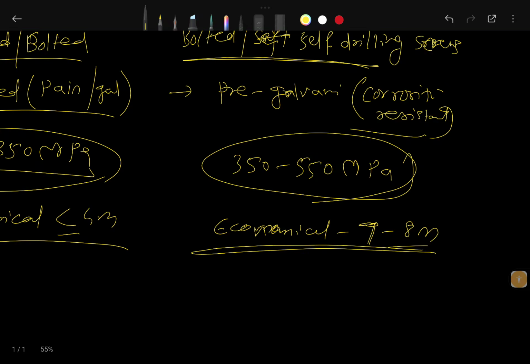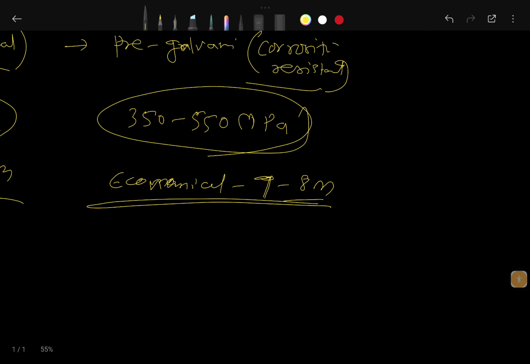Okay, if our bay spacing is 7 to 8 meter, then we can use this cold form member purlin with lapping, with lapping or continuous, both are available.